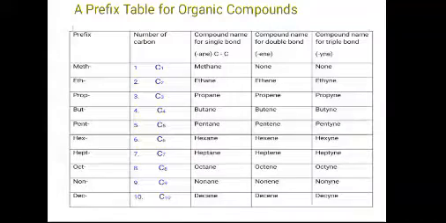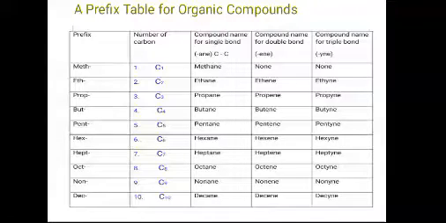Then whether hexane, hexene or hexyne will depend on the nature of bonding between the carbons. If we have single bonds, then we can call it hexane. If we have double bonds, we can call it hexene. If we have triple bonds, we could call it hexyne. However, these are for compounds that contain carbon and hydrogen alone.